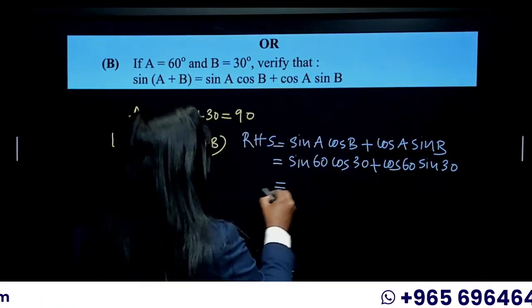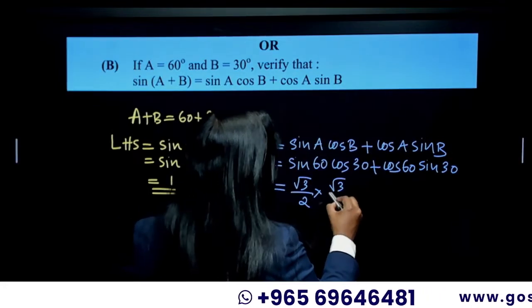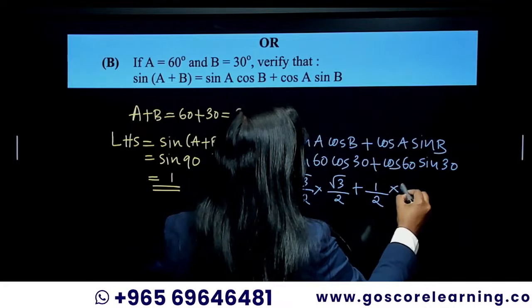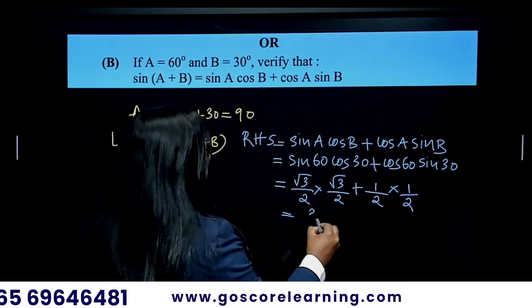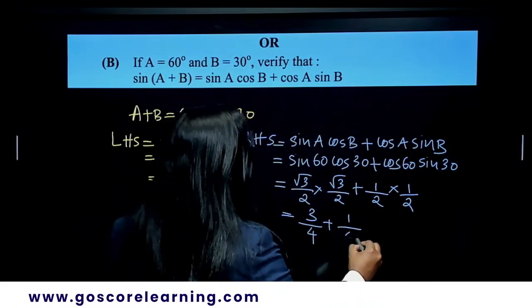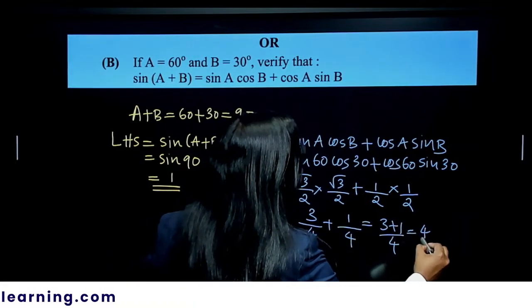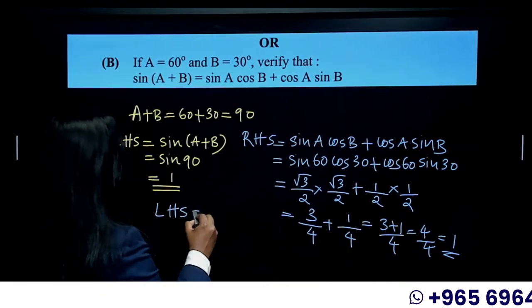So sine 60 is equal to root 3 by 2. Cos 30 is also root 3 by 2. Cos 60 is 1 by 2. Sine 30 is also 1 by 2. Root 3 into root 3, 3. 2 into 2 is 4. Plus 1 into 1 is 1. 2 2s are 4. So 3 plus 1 by 4, which is equal to 4 by 4. That is equal to 1. So LHS is equal to RHS and hence verified.